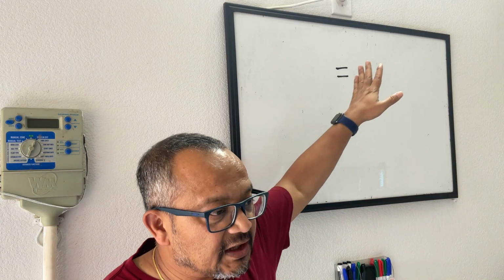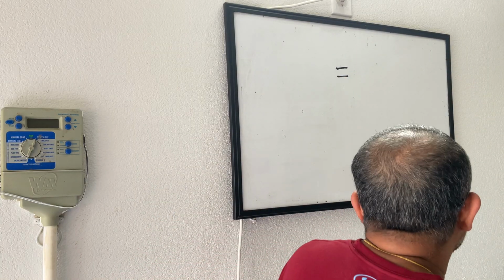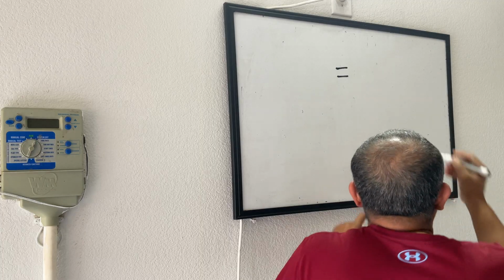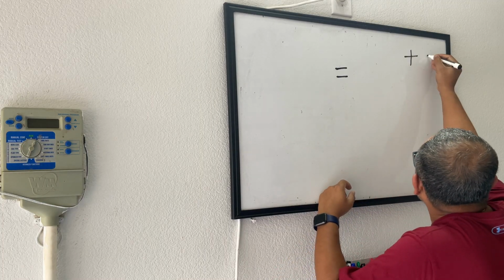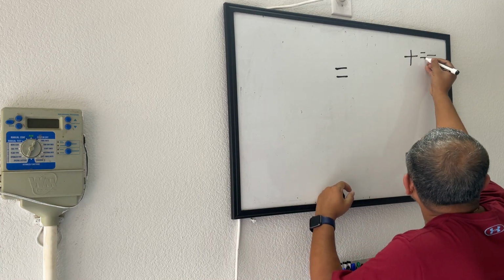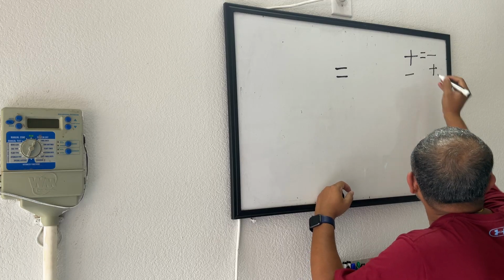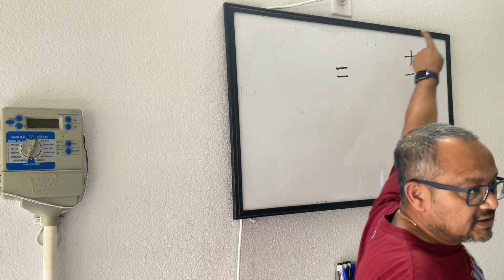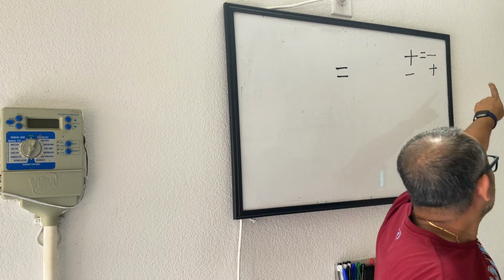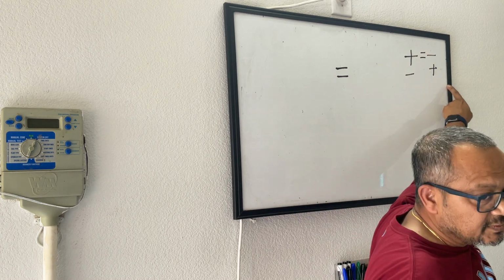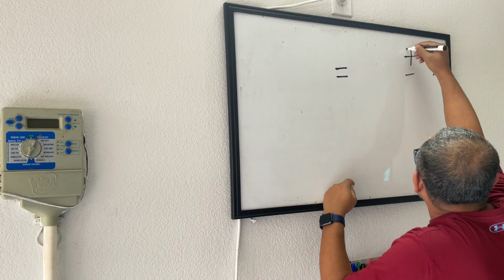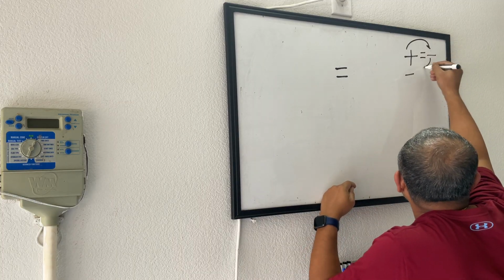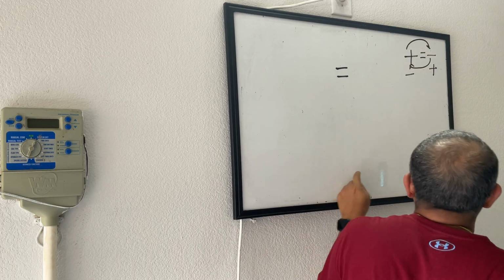So we are starting with isolating quantities. These are the things that you need to keep in mind. When you are moving a plus to the other side, it becomes minus. When you are moving a minus to the other side, it becomes plus. You can envision it like this, or like this, both ways are fine.